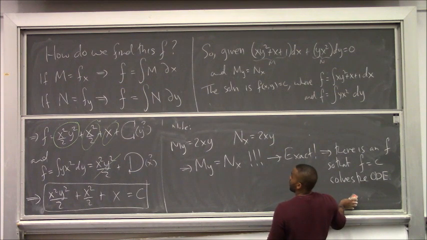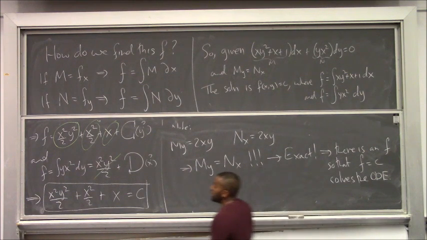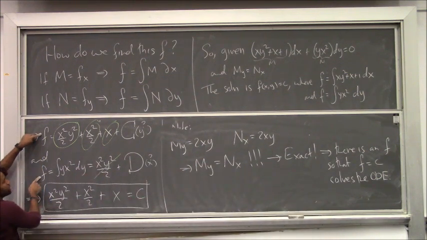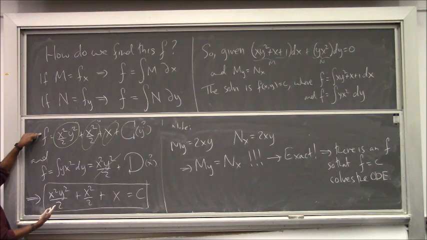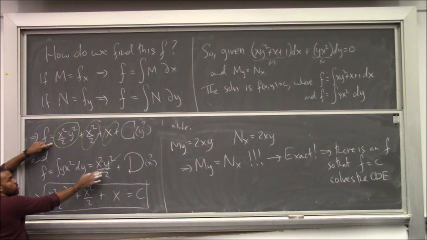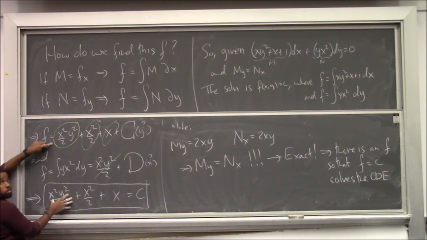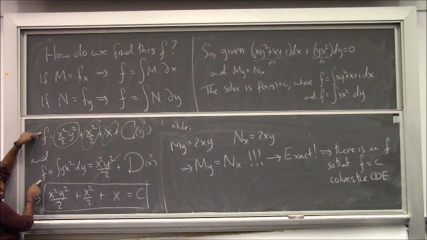Could you explain again why you cancel the x squared y squared over 2 and just kept it once? Well, it's the same function. If I write this down twice, I'm actually doubling a part of the function. Any overlaps, you ignore the overlap and write it down one time, because I'm not finding two f's, I'm finding one f.